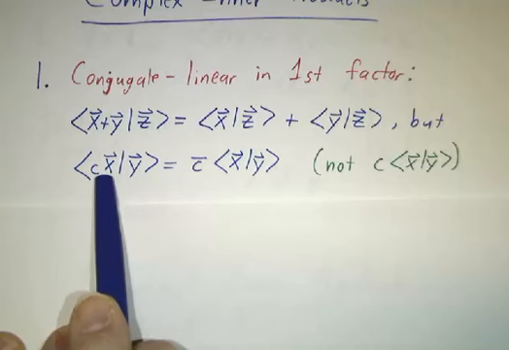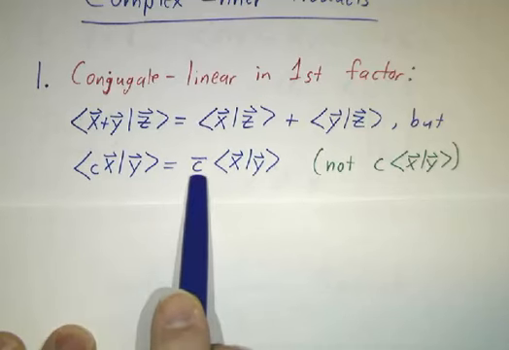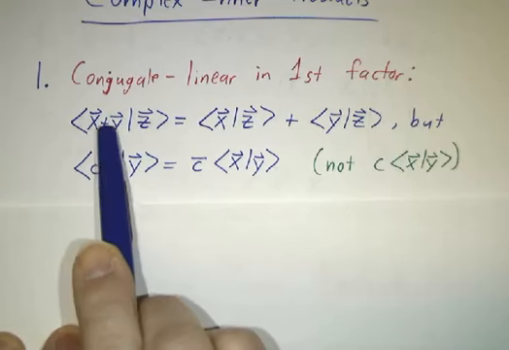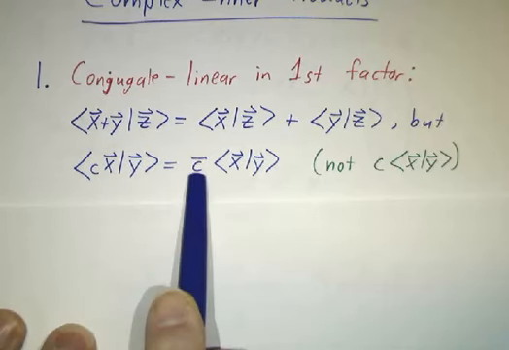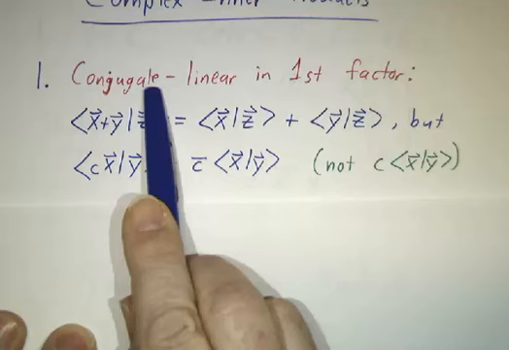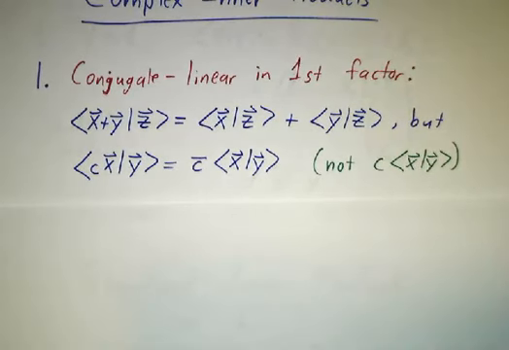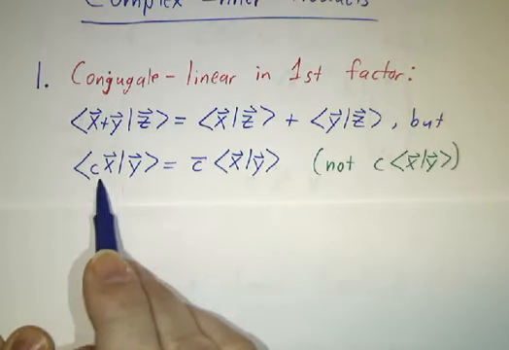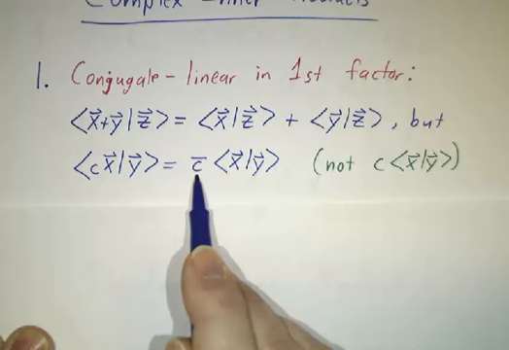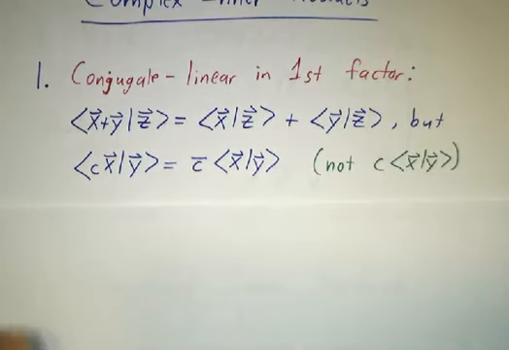So you don't multiply the result by a constant, you multiply by the conjugate of that constant. This property of being linear under addition, but you have to conjugate under scalar multiplication, is called being conjugate linear, or sometimes it's called being antilinear. So whenever you have a constant buried in the first term, when you pull it out, you pick up a c bar, not a c.